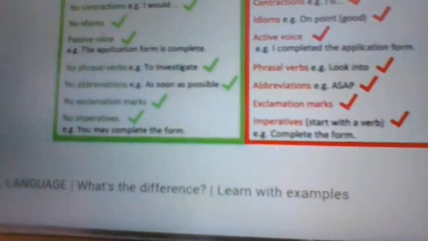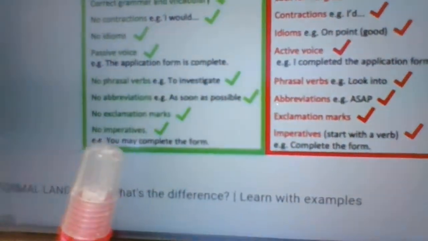That is informal. For formal, you need to start with a person. Imperative, you may. It starts with a person, you. That is for the formal. But for informal, start with a verb.